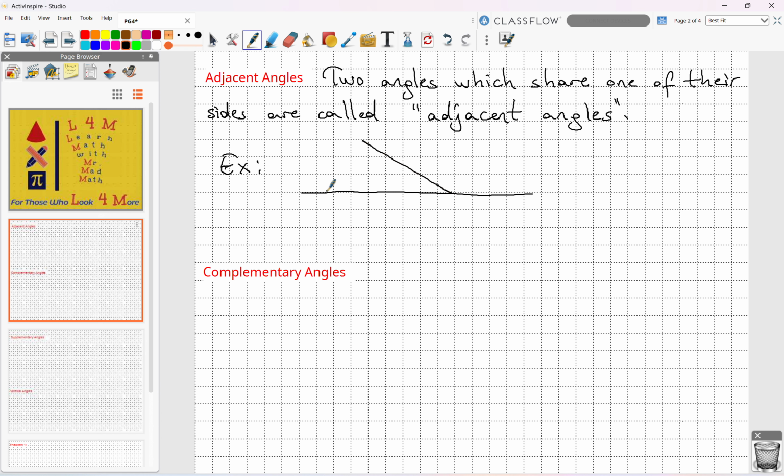Let's think about the angle AOB and the angle BOC.